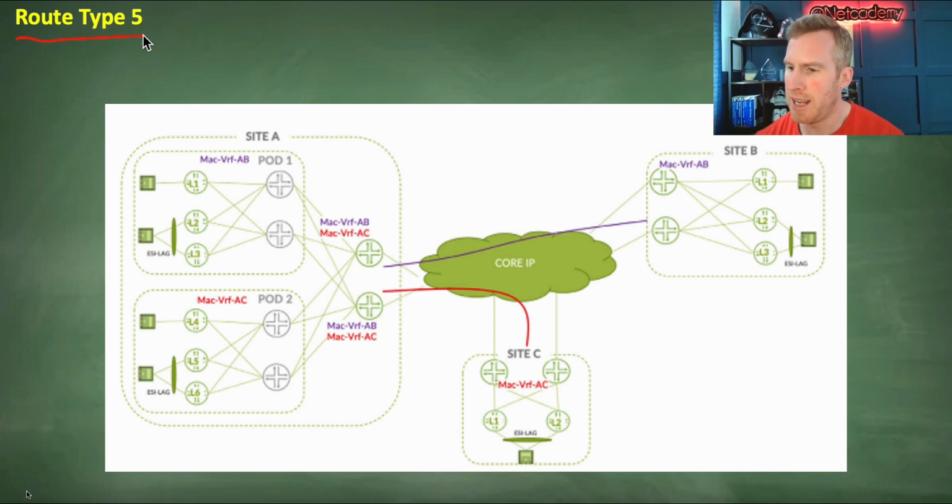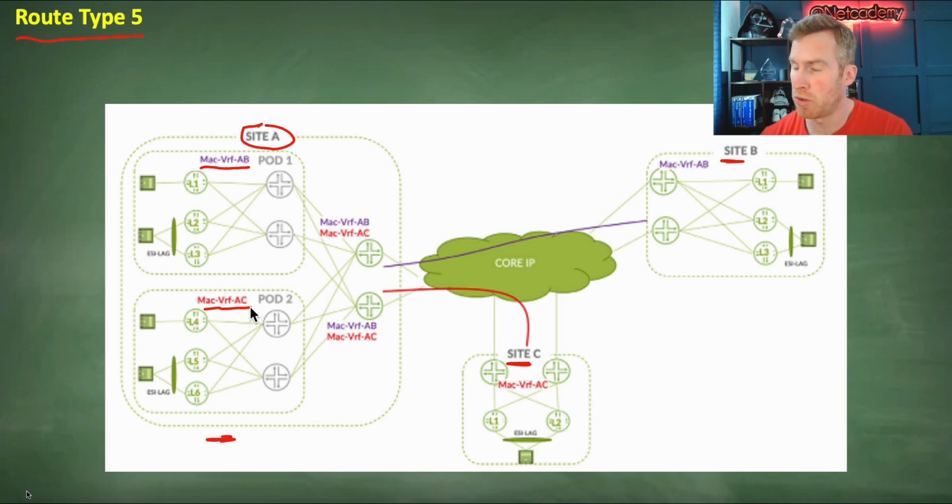What we can see here is three different data centers: site A running this particular data center, site C and site B. Within site A, there are two different MAC VRFs, or VRFs as I've got used to calling them: MAC VRF AB and MAC VRF AC.